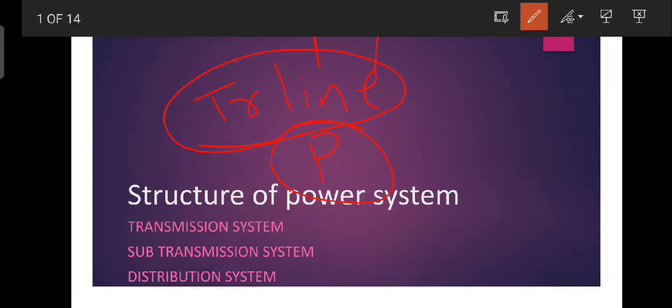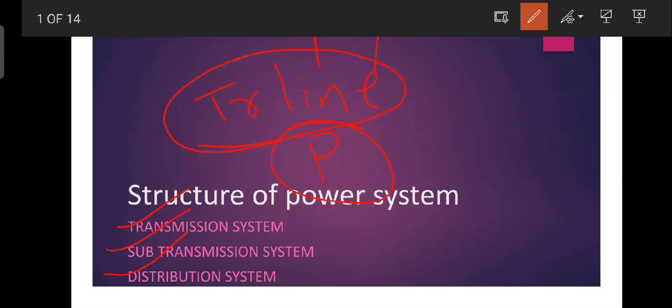Our structure of power system contains the transmission system, the sub-transmission system, and the distribution system. The distribution system is mainly responsible for conveying this power to consumers at low voltage. Okay, I think it is clear to you.